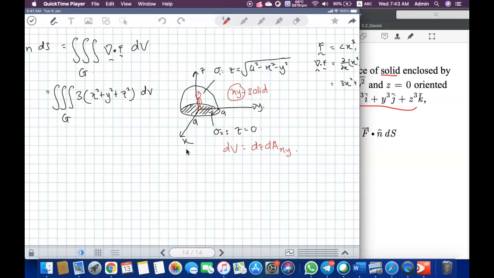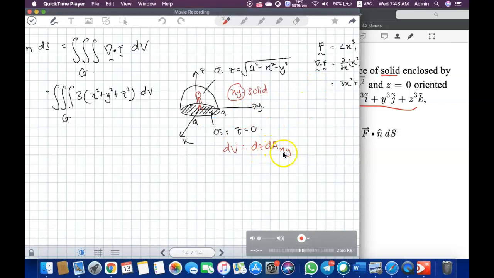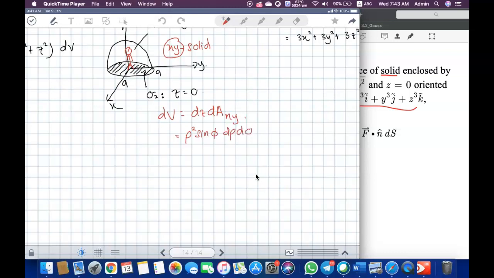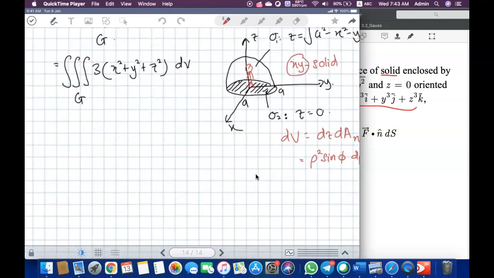Okay, so since you want to use spherical coordinates, instead of finding z, x and y, we can directly convert the dV into spherical, where it is given by rho squared sine phi d rho d phi d theta. Okay, so then we change the Cartesian here into spherical.